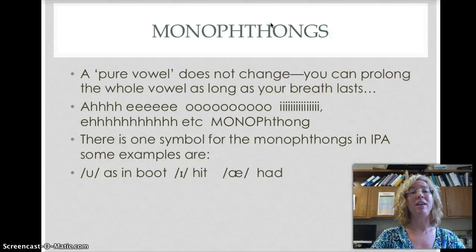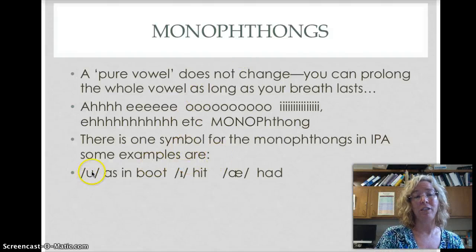The same with E, and so on. Those are monophthongs. And with monophthongs, there's one IPA symbol for them, such as you'll see here the oo as in boot, I as in hit, a as in had. That's not all of the monophthongs, but those are examples.